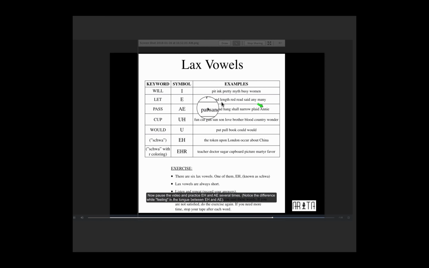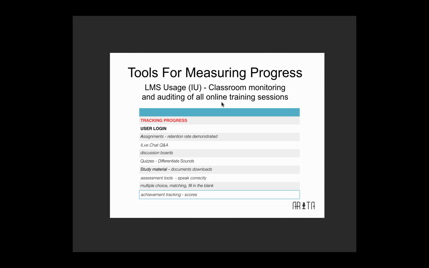As you can see in the notation at the bottom of this slide, you are asked to pause the video at a certain time and practice. And at the end of the video, you'll be able to submit that assignment. Once we have that assignment, we will have tools for measuring progress.